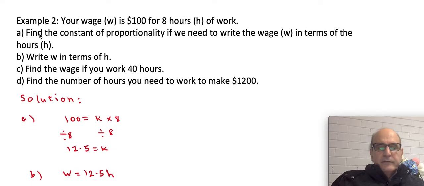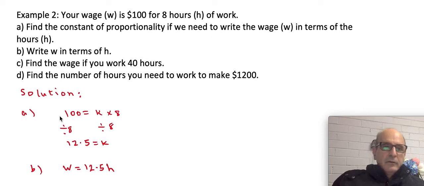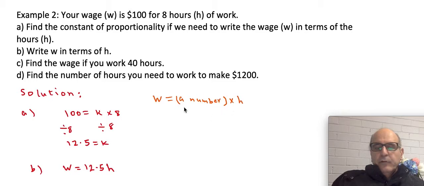Now the first one is saying find the constant of proportionality if we need to write W in terms of H. So basically what we are going to do, we are going to write W equal to a number, a constant of proportionality, times H. So we want to find this number.